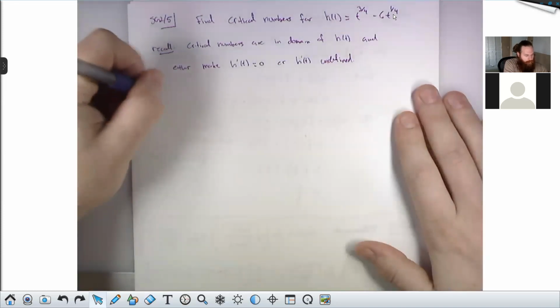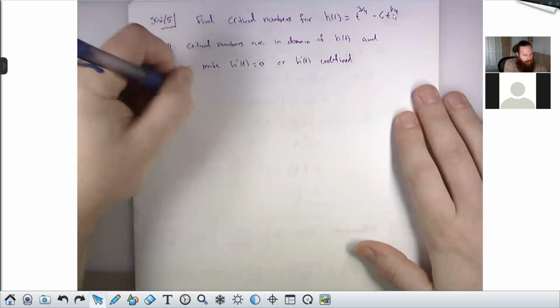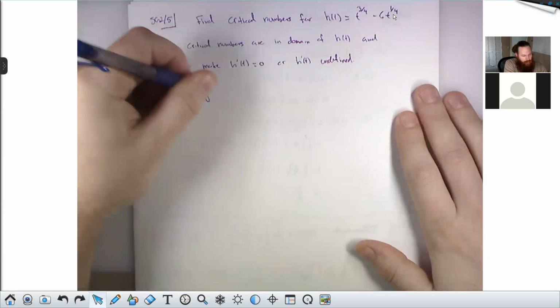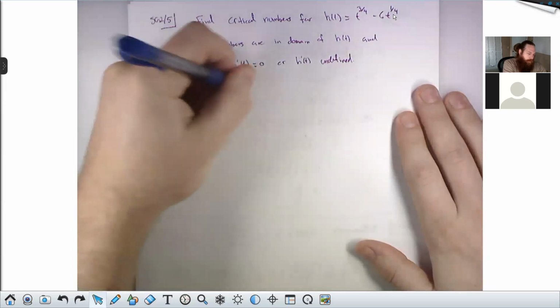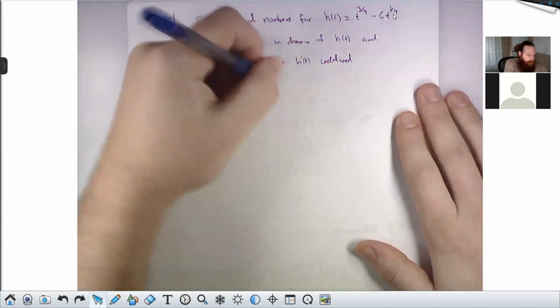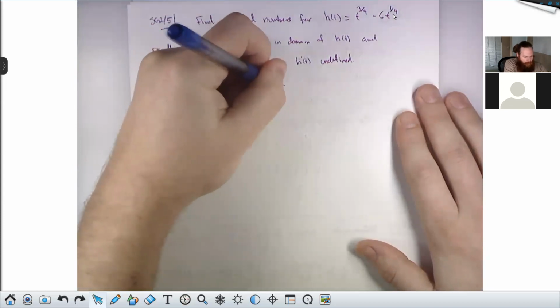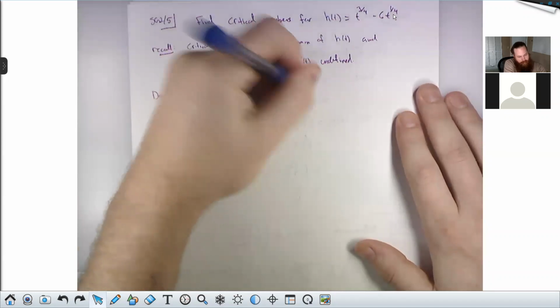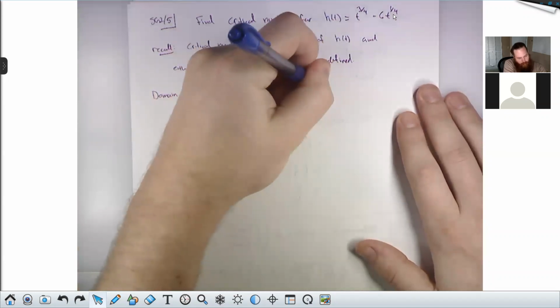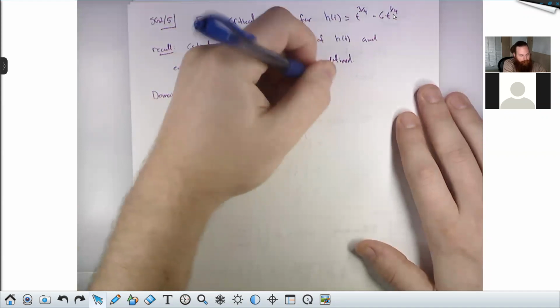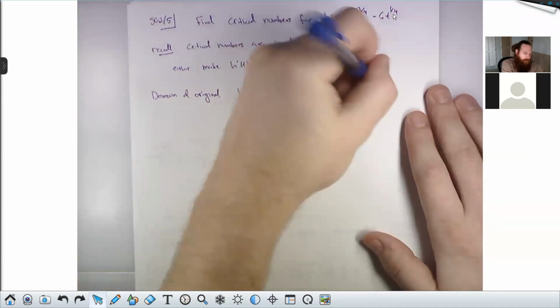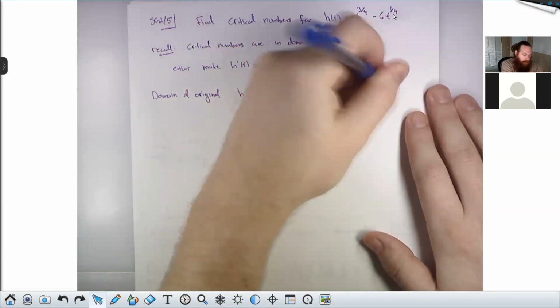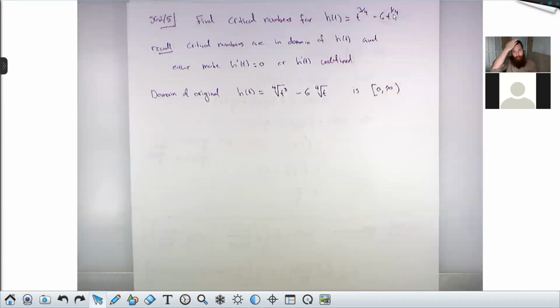So the domain of the original h of t, which I can write as the fourth root of t cubed minus 6 times the fourth root of t, is the left closed right open interval 0 to infinity. I can't plug in negative numbers because of the fourth root here.